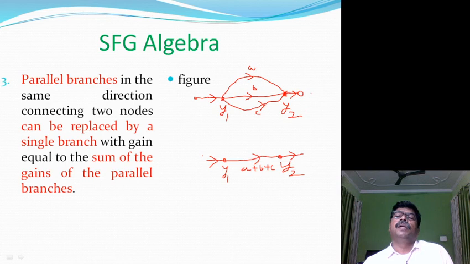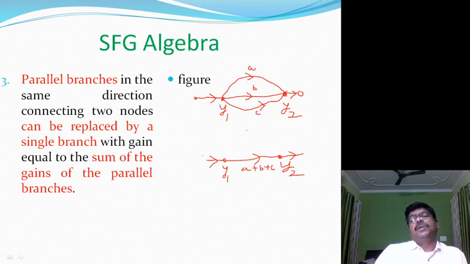So y2 will be equal to y1 into within bracket A plus B plus C. Similarly here you will get y2 equal to within bracket A plus B plus C multiplied by y1. So you can simplify parallel branches to a single branch having the path gain of the sum of all these three branch gains.